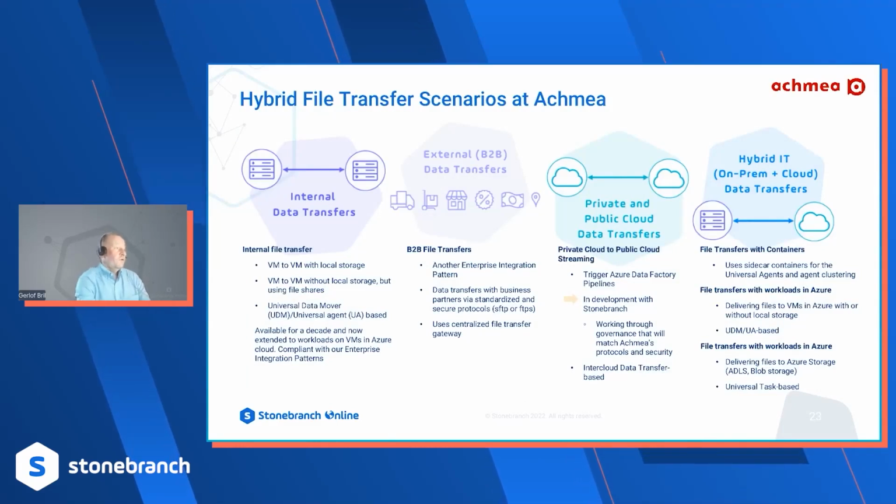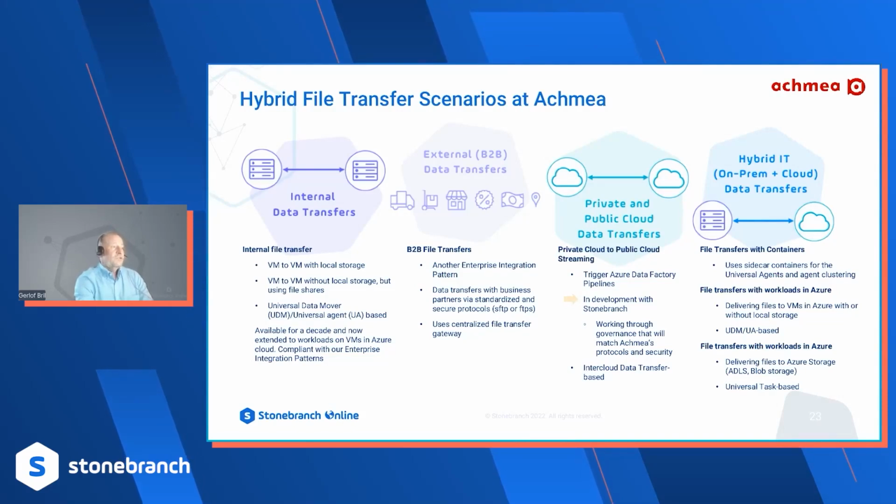We have, of course, what we had already for more than 10 years, our internal data transfers on the left side, VM to VM with local storage or without local storage, so using file shares. We do that for years now, using Universal Data Mover and Universal Agents. We also added to that the B2B data transfers, meaning file transfers to external business partners.